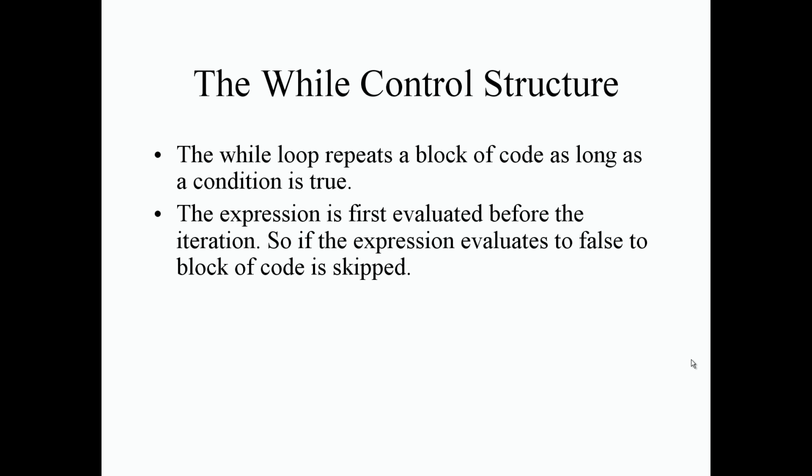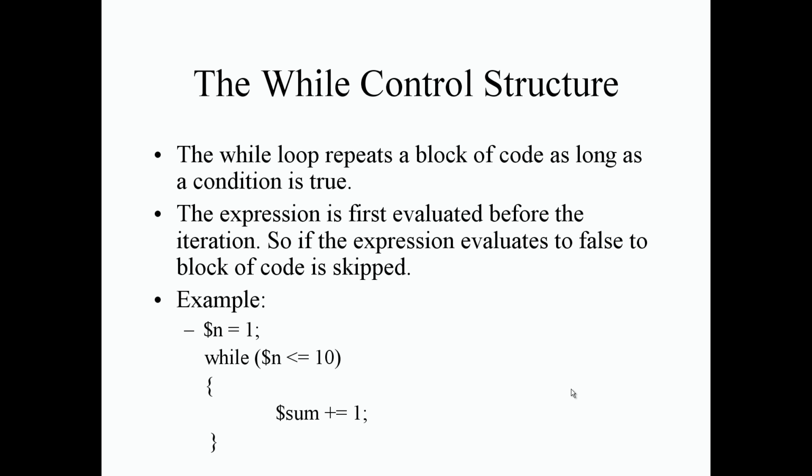So if the expression evaluates to false, the block of code will never be executed. It will be skipped. And again, if the expression is true, the block of code will repeat itself as long as the condition is true.